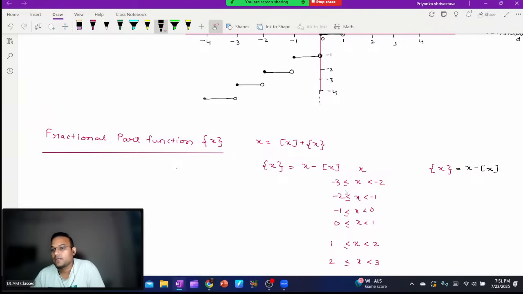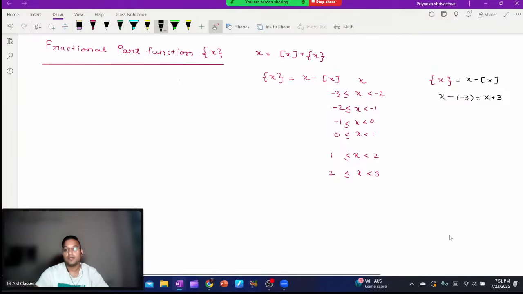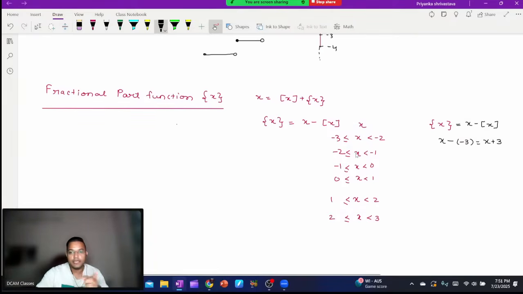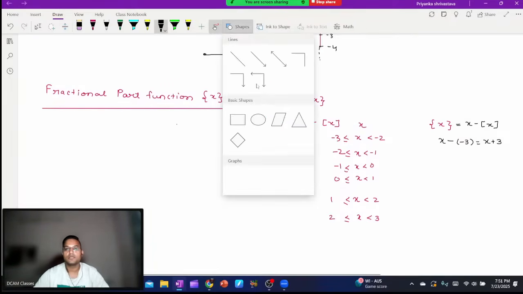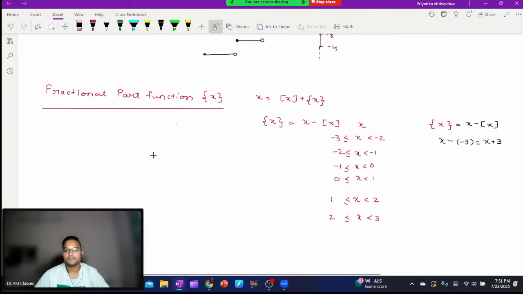Like from -3 to -2, step x value is -3, so it will be x minus of -3, which will be x plus 3. Like that. Try to define, and then after defining for different ranges of x, try to draw the graph. Let's see if you can draw it or not.